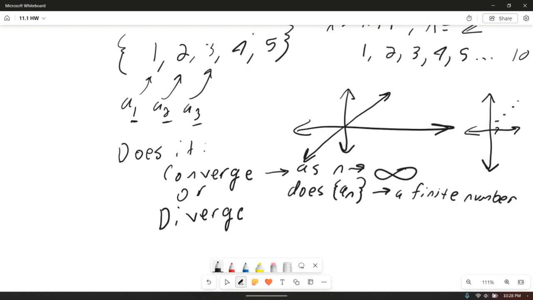So it goes on like that. How can this approach a finite number? It's much more common for it to do what's called diverging. This one makes more sense.